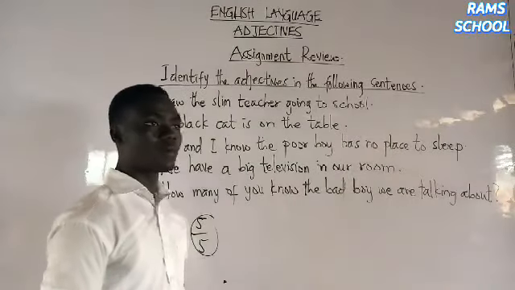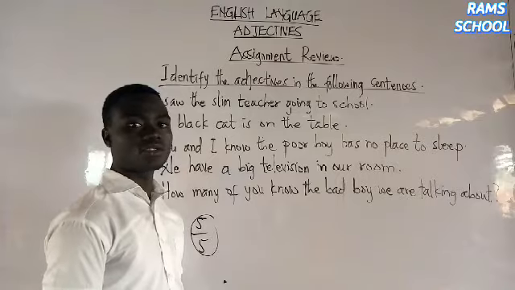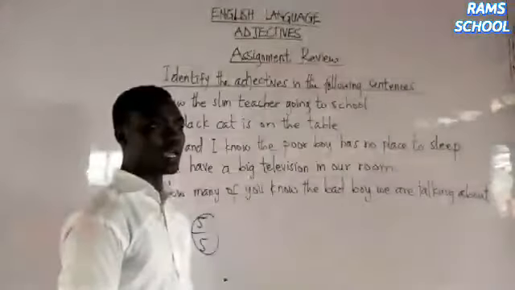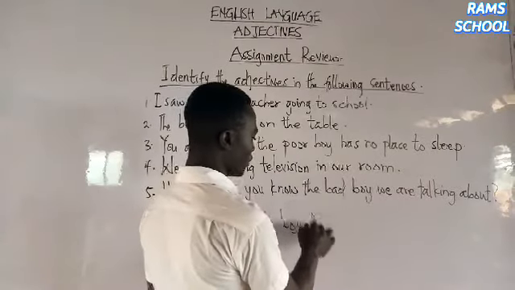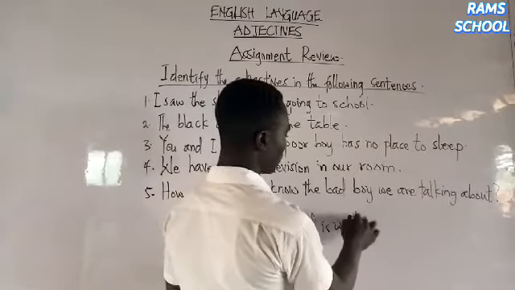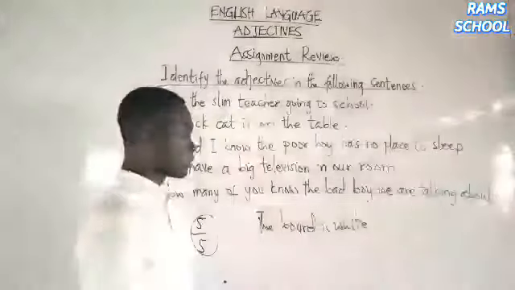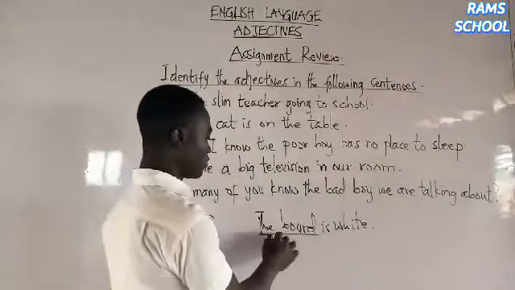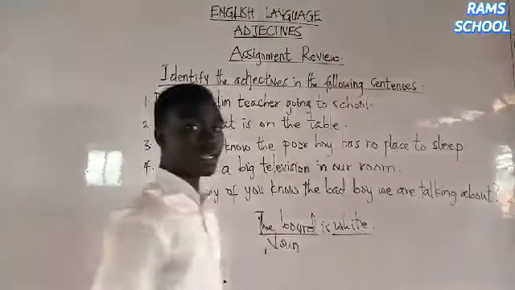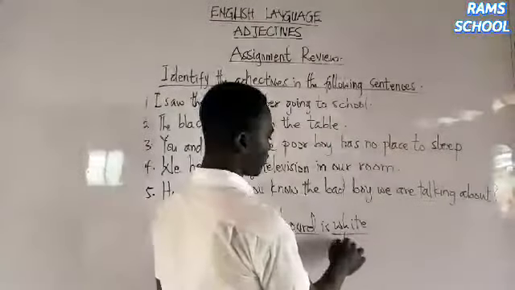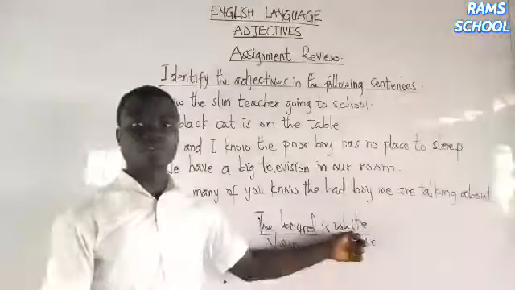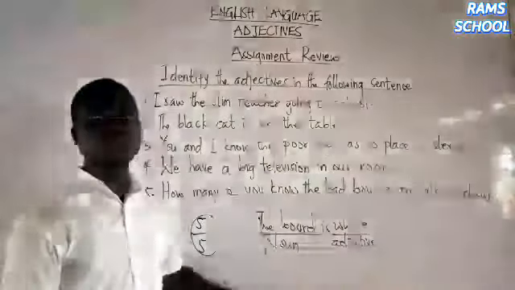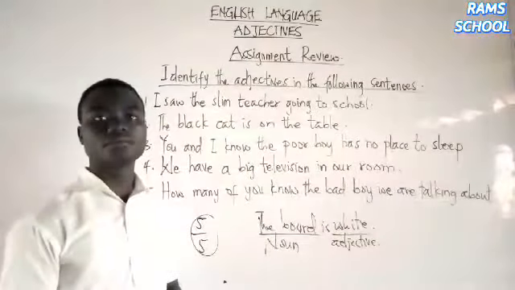For instance, an adjective used to describe a noun: the board is white. The board here is a noun, and white here is an adjective. So this adjective has been used to describe the board, which is the noun.